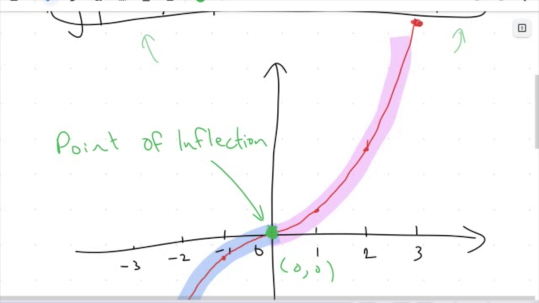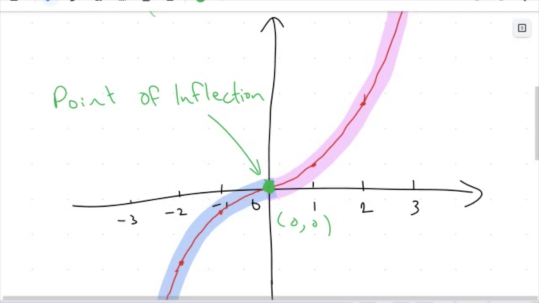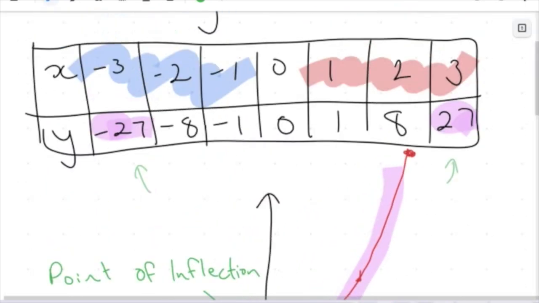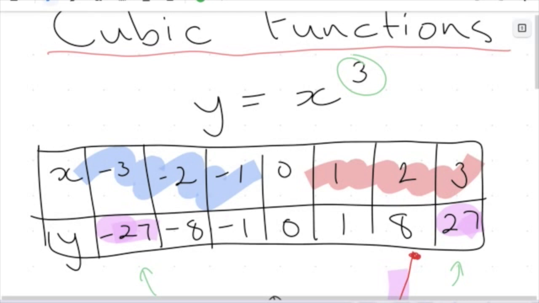It continues going up in the same direction. But this is what a general cubic will start to look like. And in the next couple of videos, we're going to look at some transformations for these particular cubics and look at how our regular one in the form of y equals x cubed can be changed and shifted around, stretched out in a bunch of different ways like we did with our other functions.